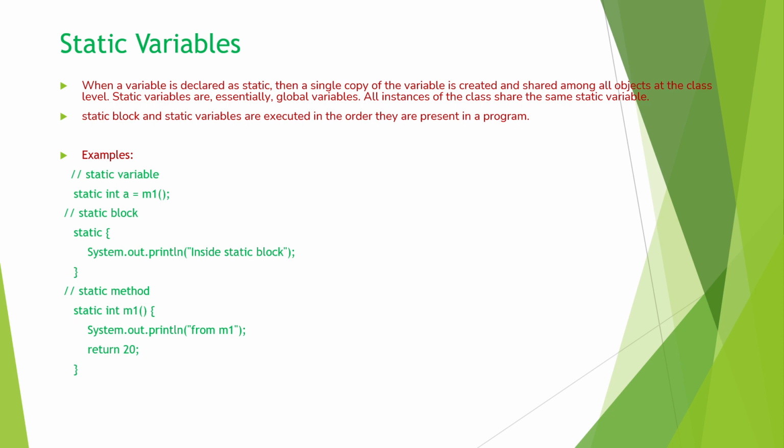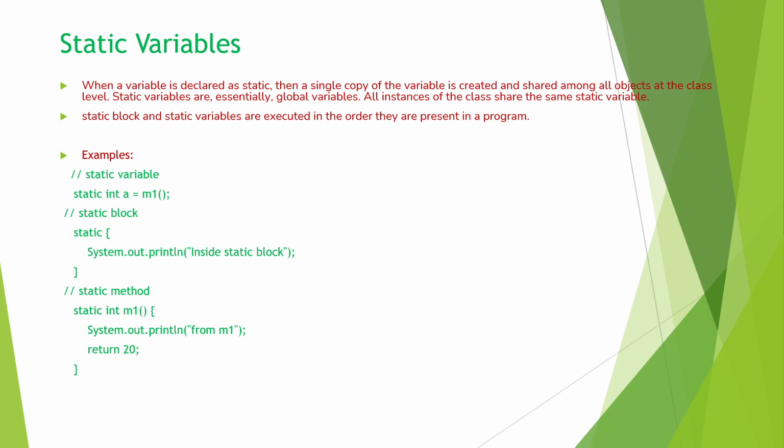Static blocks and static variables are executed in the order they are present in a program. That's one of the key points. In the example, I mentioned static int a = m1(). After that I gave a static block.